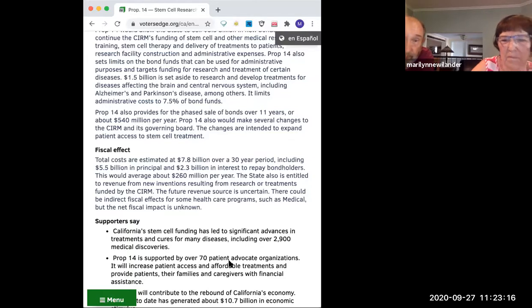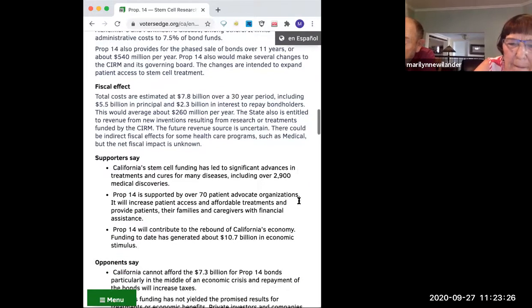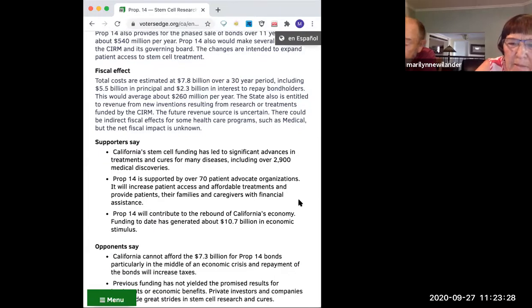So supporters say that stem cell funding has led to significant advances in treatments and cures for many diseases, including 2,900 medical discoveries. Proposition 14 is supported by over 97 patient advocate groups.